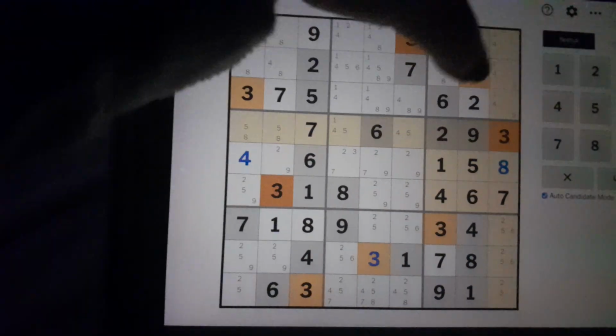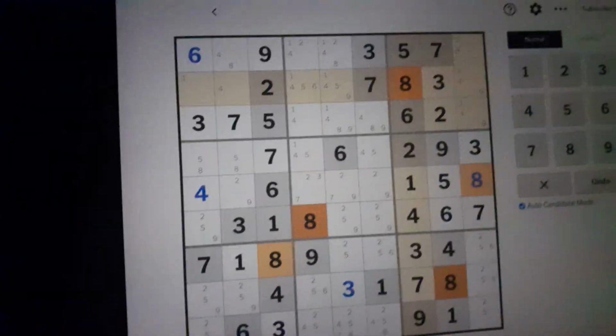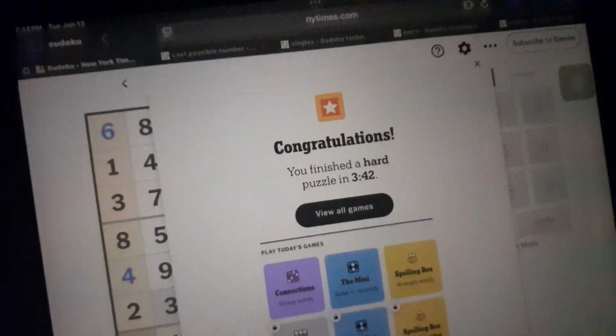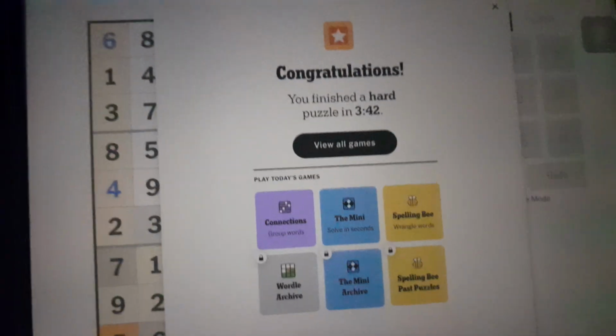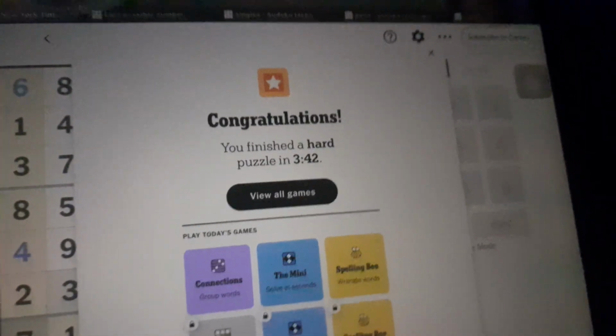But yeah, sometimes it really does help somehow. It really does come in clutch. See, look at that. We have solved the hard Sudoku in nearly 4 minutes. Now, I couldn't find an example there to show you obvious triples, so we are just gonna have to look at the website.